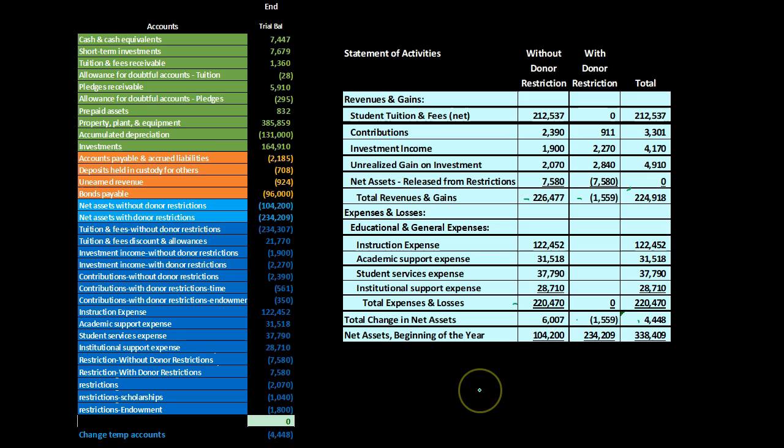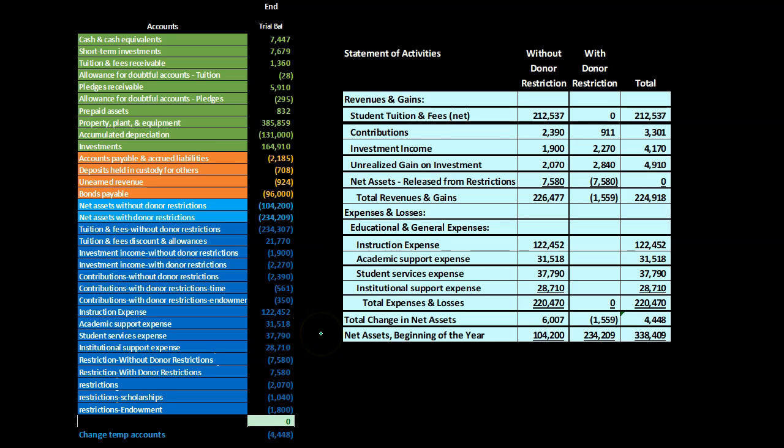4,448. Now we're going to take this back to the ending numbers in basically the net assets section, because remember, there's nothing else going on here. We don't really need the full statement of equity or statement of net assets, because the only change here is going to be this change in the net assets.